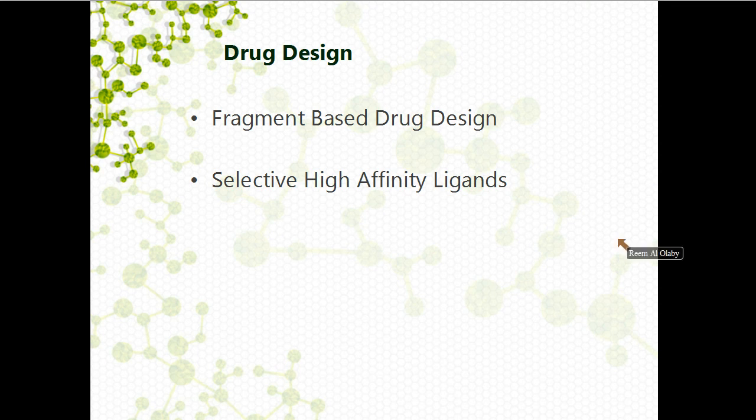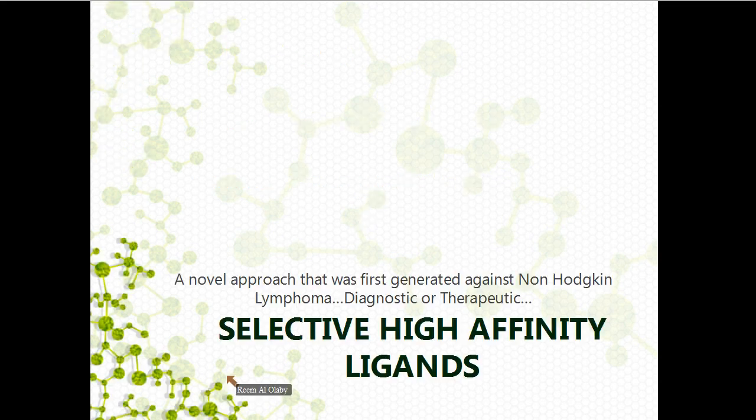The second approach is the new approach, which is the generation of selective high affinity ligands. So this is what we are going to discuss. The generation of selective high affinity ligands is a novel approach that was used first against non-Hodgkin lymphoma, and then it was also used in certain diagnostics.